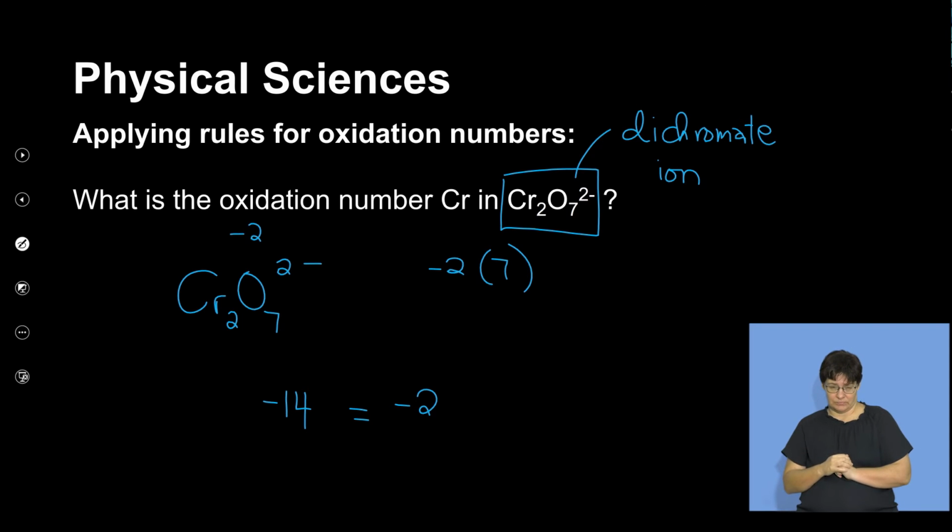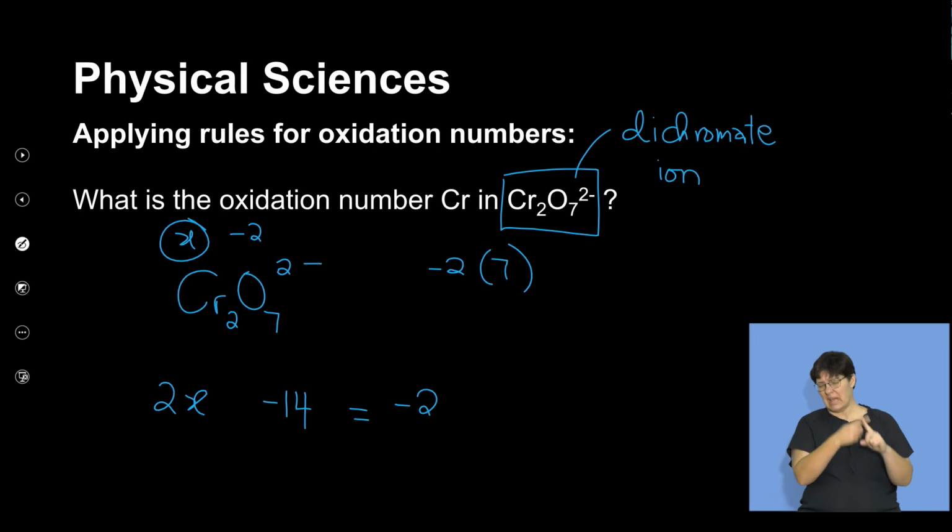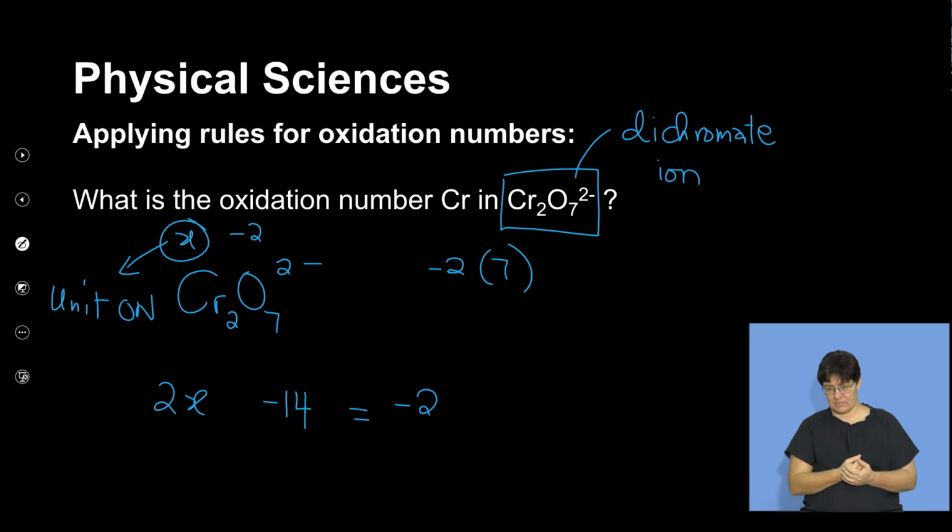Then in this case, let this one be x for argument's sake, because we don't know it. You can even model it that way. So we'll have 2 times x, where x is the unit oxidation number, which is what we are looking for, plus negative 14, it should give us the negative 2.